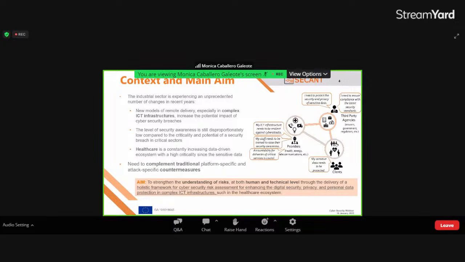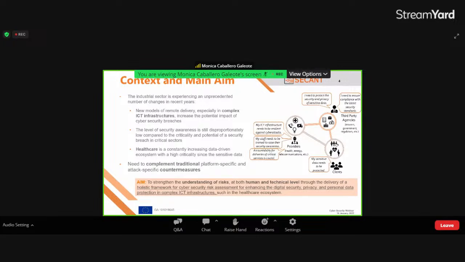We already heard the presentation of another project in this sector too. So the challenges are clear. This sector deals with very sensitive data, which makes it more attractive and profitable for cyber attacks.